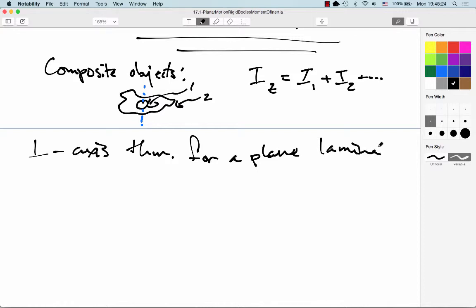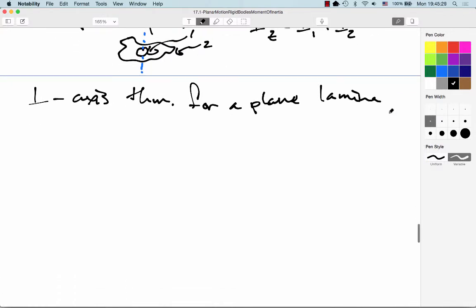So it isn't as broadly applicable as the parallel axis theorem, which we will get to shortly. So if you noticed with your z-axis here, that's the one that's perpendicular to the plane.